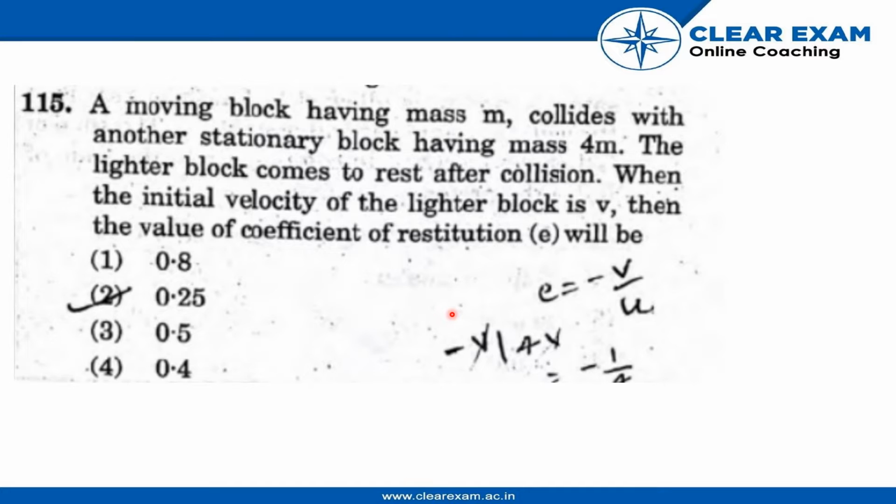Now what we will do here is draw whatever is given to us. We have been given a lighter, moving block, small m, moving with some velocity, and it collides with another block that has mass 4m.